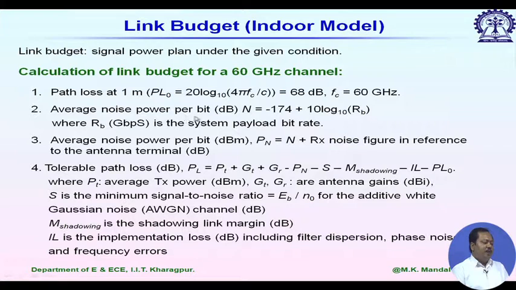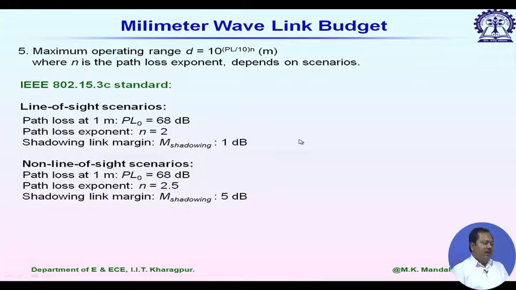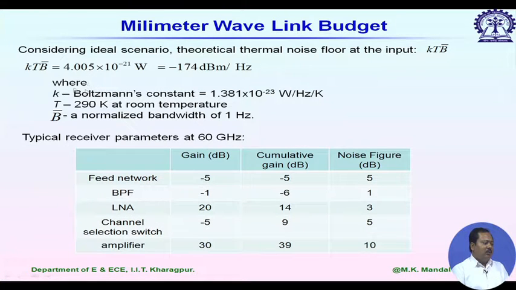Average noise power per bit n is equal to minus 174 plus 10 log 10 of R_b. So, how does this 174 come? Thermal noise at the input depends on the noise temperature T and the noise bandwidth B, kTB.